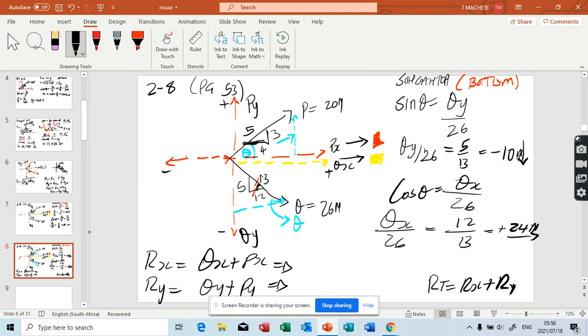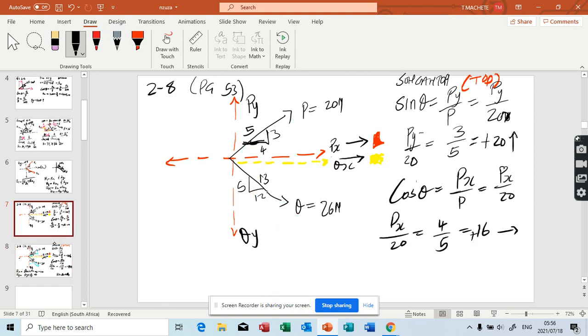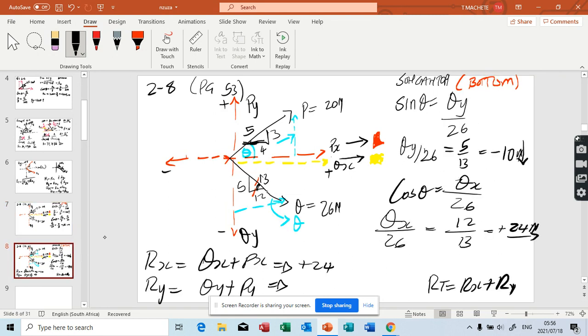What is our QX? It is positive 24. Then we go to our PX, which was positive 16. Positive 16 will equal, I think it should be 40. You write positive 40 newtons. It's going in which direction? In that direction, because it's the x-axis.